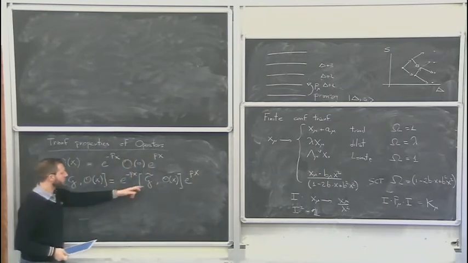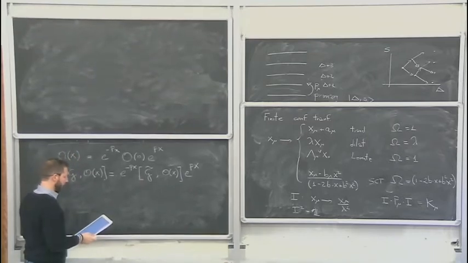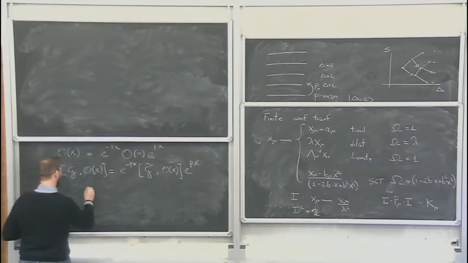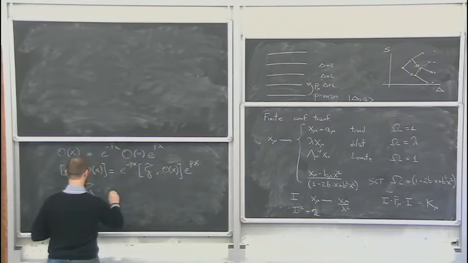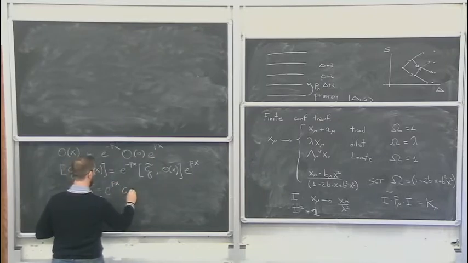And what is G twiddle? G twiddle is nothing else than e to the px G e to the minus px.